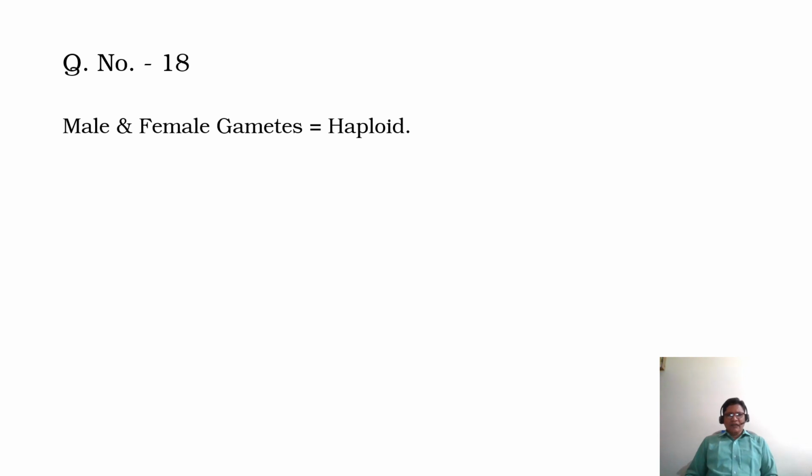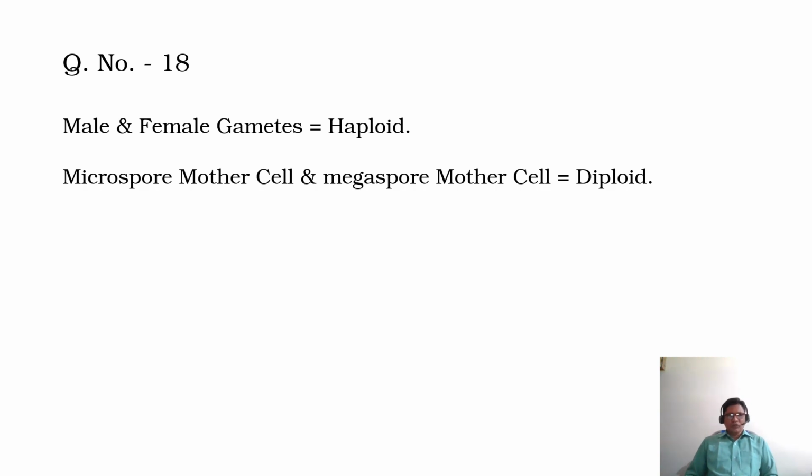Male and female gametes are haploid in a flowering plant. Microspore mother cells and megaspore mother cells are diploid. From these, male and female gametes are produced through meiosis.